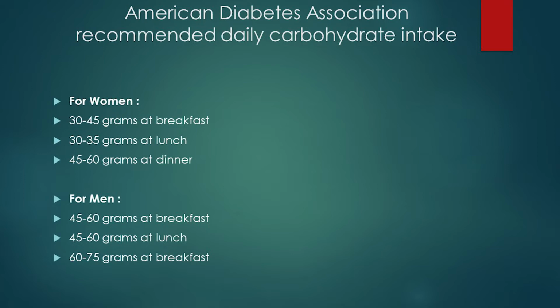And this is broken down by breakfast, lunch, and dinner. So these are general guidelines. You really want to make sure that you talk to your primary care provider, your diabetes care and education specialist, or a registered dietitian if you're looking for specific personal daily goals about how many carbs you should have, how much fat you should have, etc.